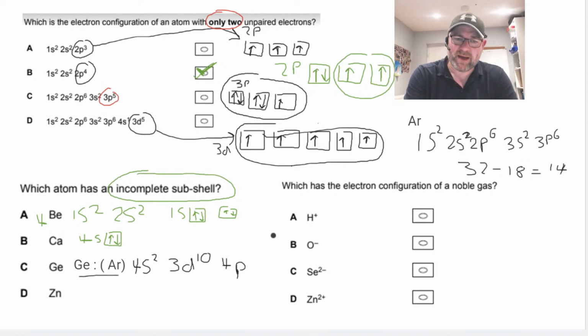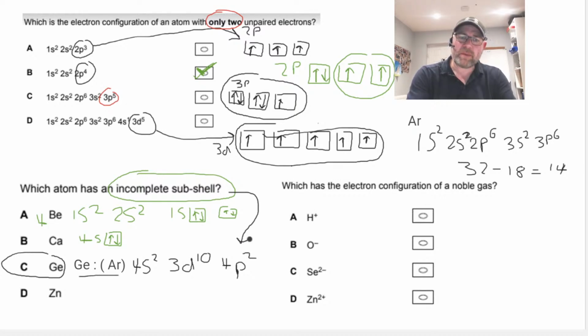There's 3d10, and then there's 2 left in the 4p. Now the 4p can hold 6 electrons. So this is the answer, the one that has an incomplete subshell. If the p subshell is complete, it holds 6. If the s subshell is complete, it holds 2. And if the d subshell is complete, it holds 10.